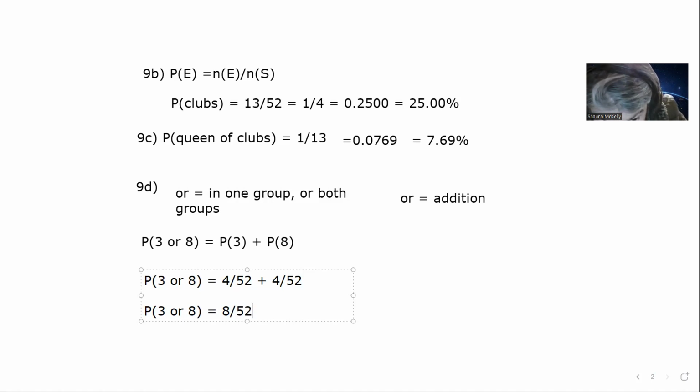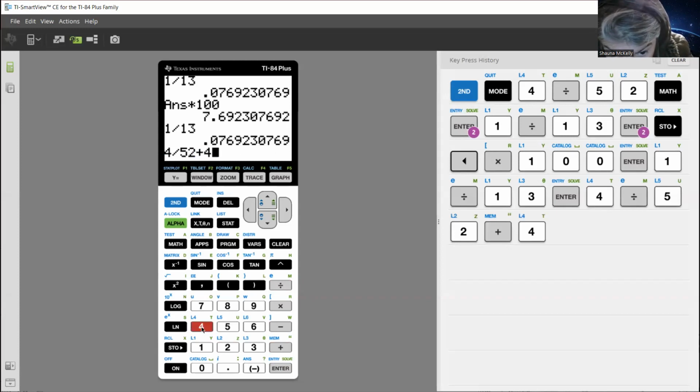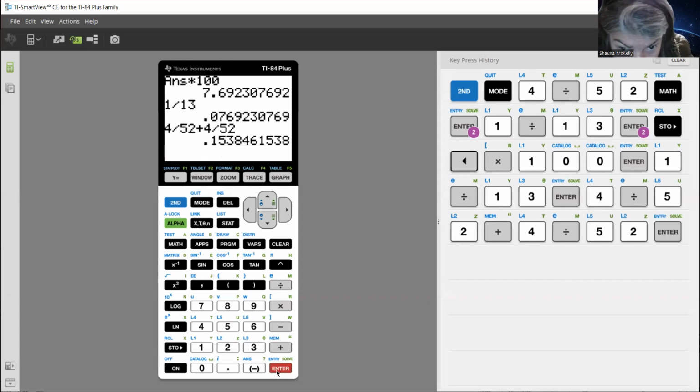And if I reduce that, let's go grab our calculator because our calculator is our friend. I'm going to make sure I'm sharing the calculator here. So I have 4 out of 52 plus 4 out of 52, which you might know is 8 out of 52.